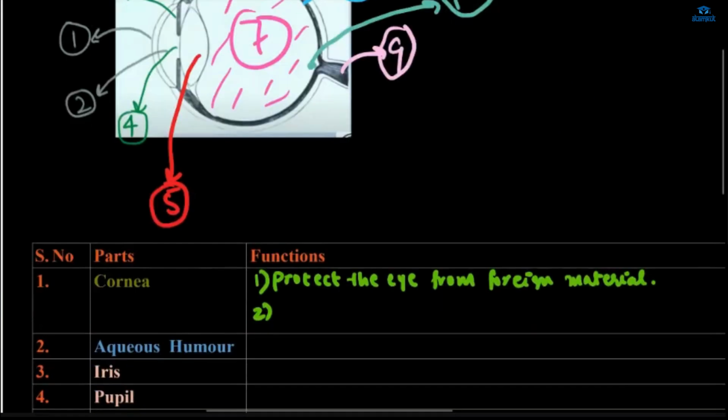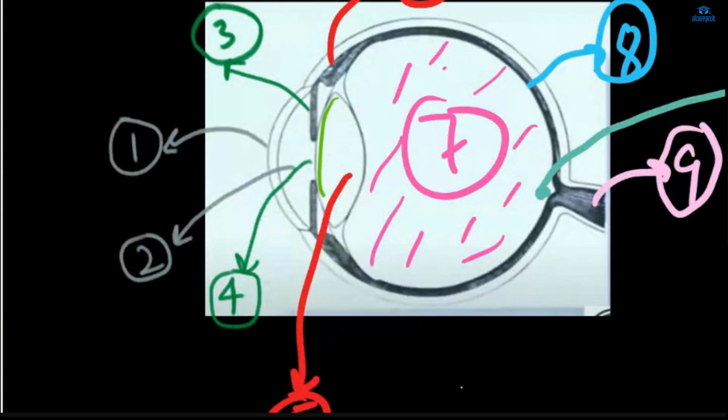The lens is also responsible for refraction, but the main work of refraction is done by the cornea. It refracts most of the light incident on the eye, almost 80% of it, and then whatever light remains unrefracted gets refracted by the lens.